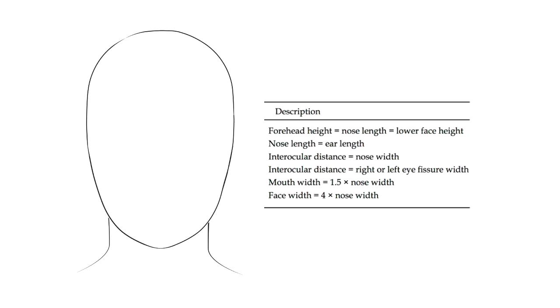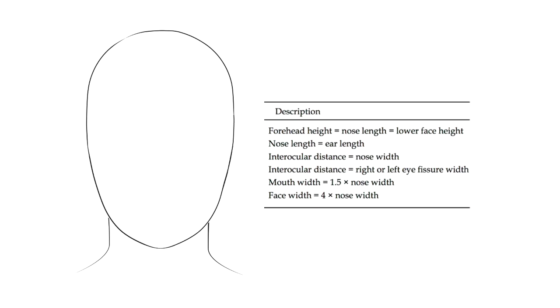What I looked at was what the data actually says: an average of North American Caucasians and blacks, and how that larger population averages out, compared to what we were taught in school. Those things could be forehead height equals nose length equals lower face height. Is that correct according to the data or not? Nose length to ear length, is that a correct, valid measure?